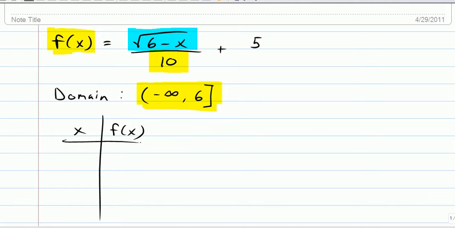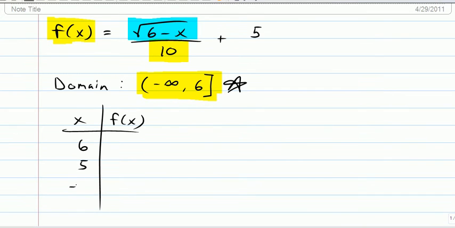I'm going to take some of these numbers and put them in for x: 6, 5, negative 10, negative 80, negative 1000.